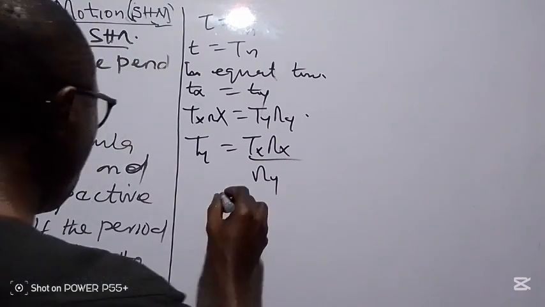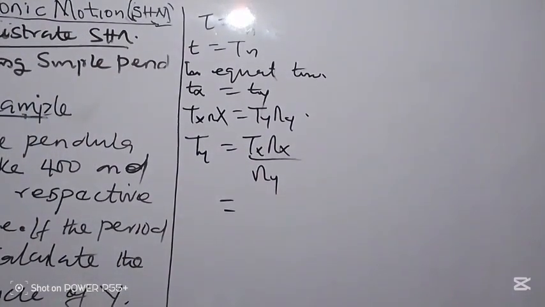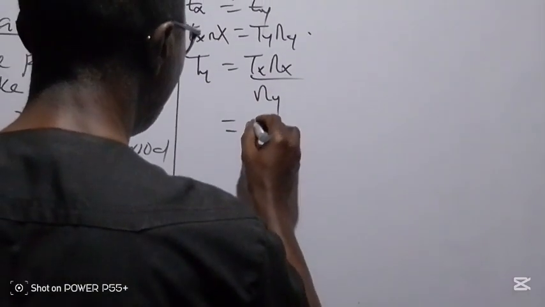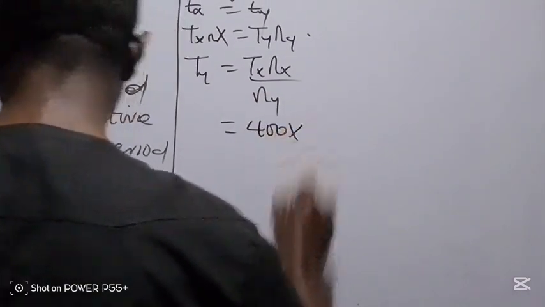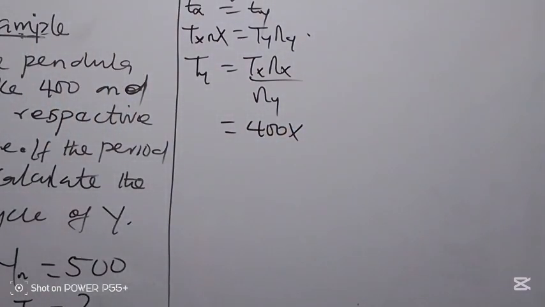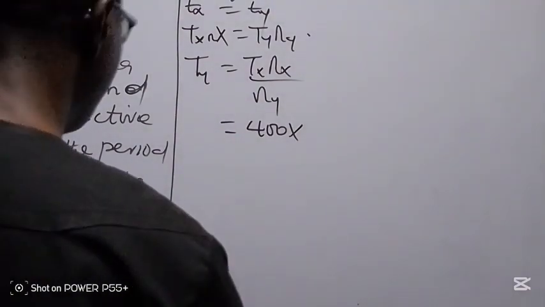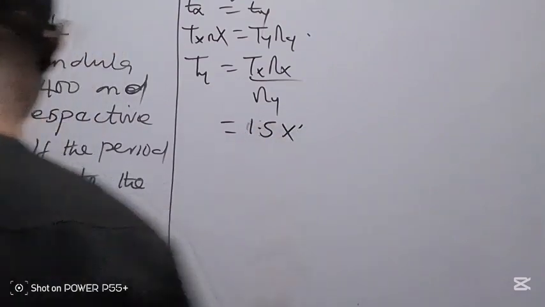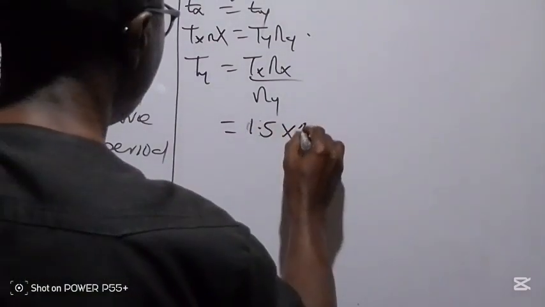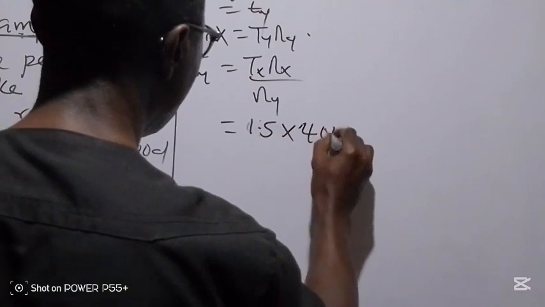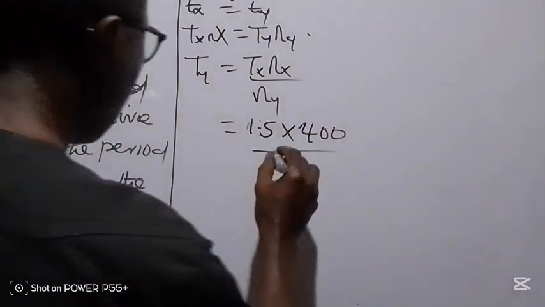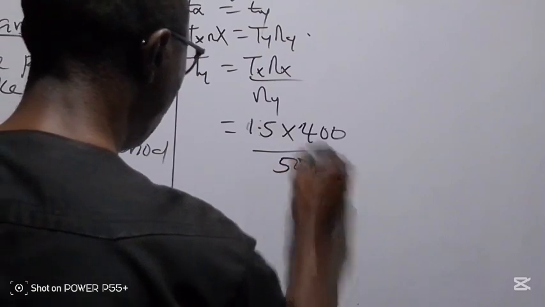So this one we now fill in according to the question. That is, Tx is 1.5 seconds multiplied by 400, the number of oscillations of x, over the number of oscillations of y, that is 500.